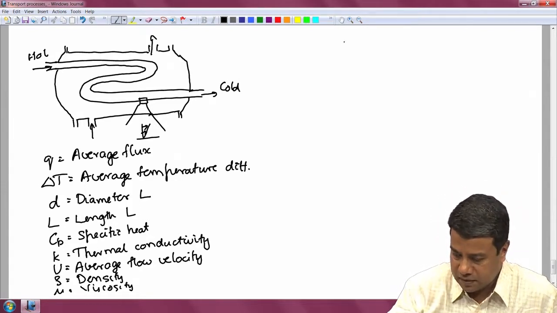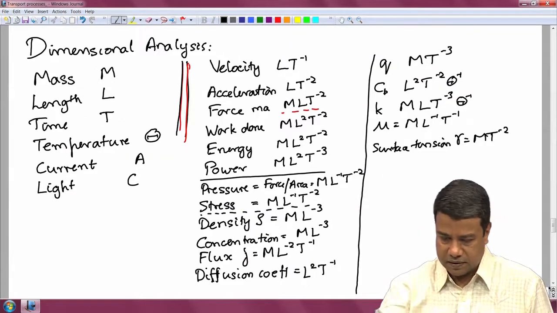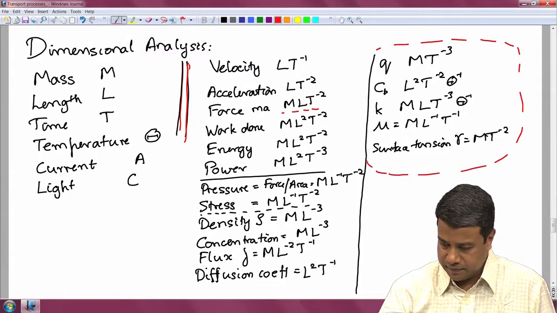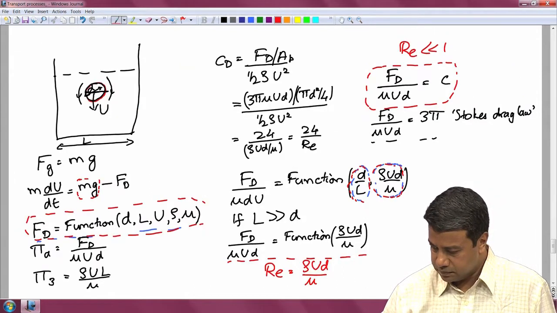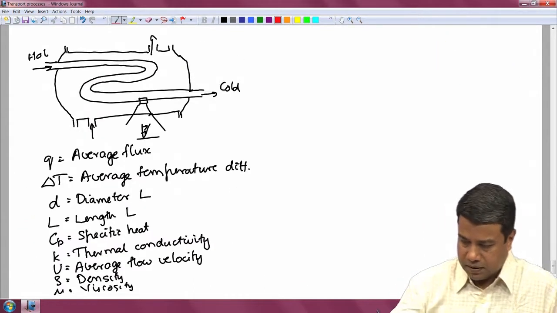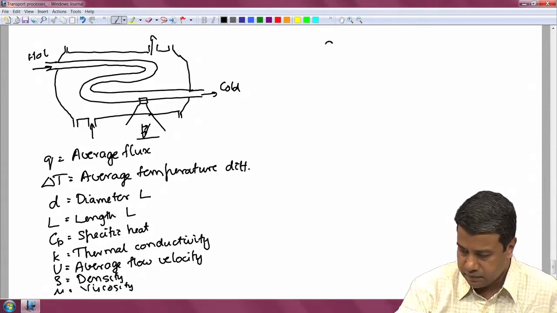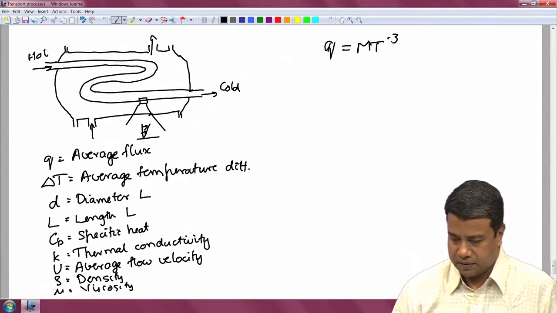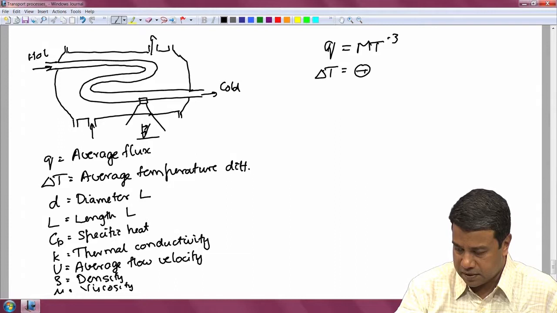So, the heat flux, we had derived the dimensions of each of these in the previous lecture, if you recall. The heat flux has dimensions of M T power minus 3. The delta T, the temperature difference, has dimensions of temperature itself.